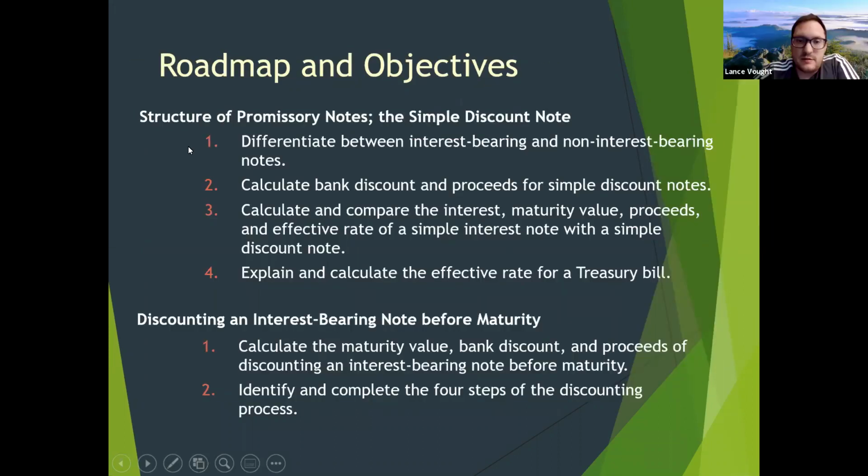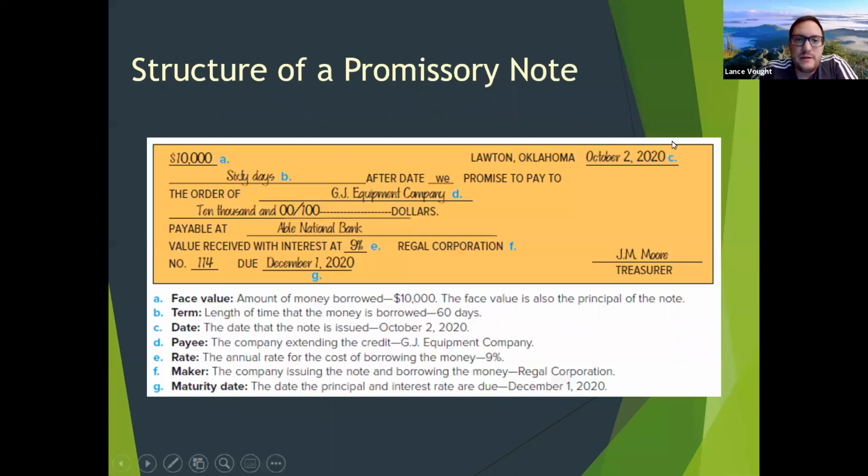And then we'll calculate these things with treasury rates and the steps of the discounting process. So what does a promissory note look like? It's not going to look exactly like this, but a standard promissory note is going to say how much you're going to borrow.